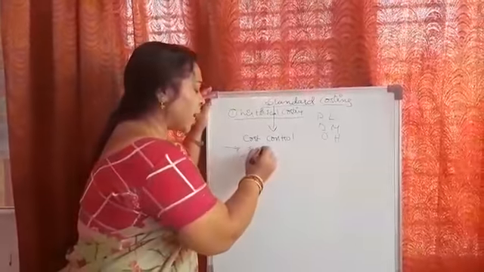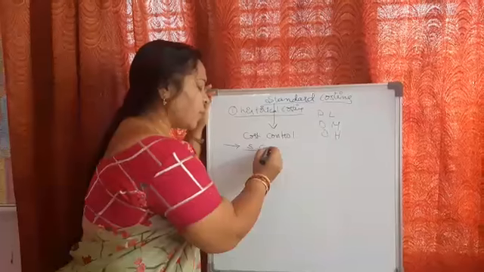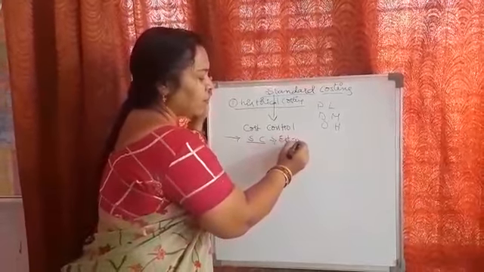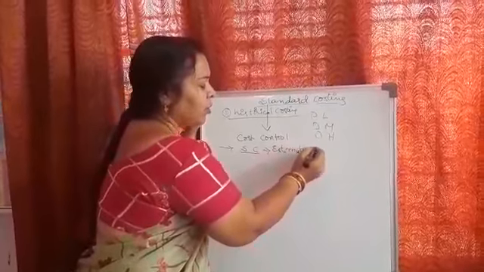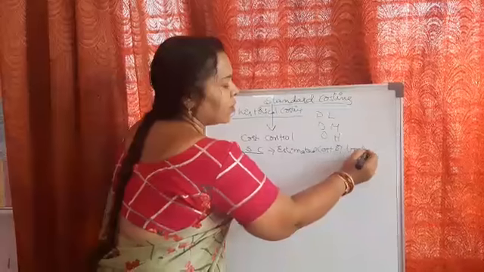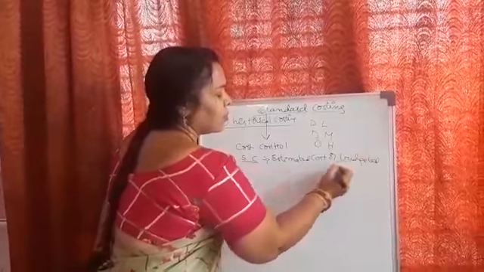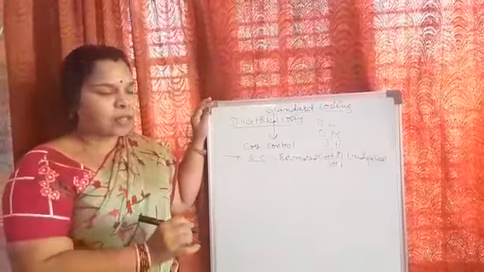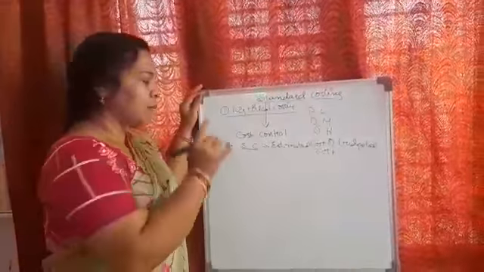What do you mean by standard cost? Standard cost is nothing but an estimated cost or budgeted cost. So it is a planned cost. We call it a planned cost. For example, I want to purchase material.